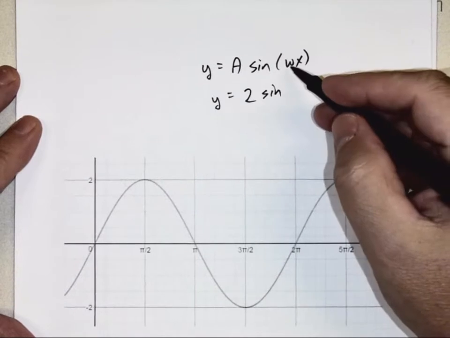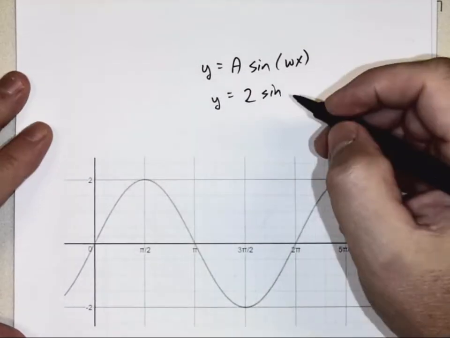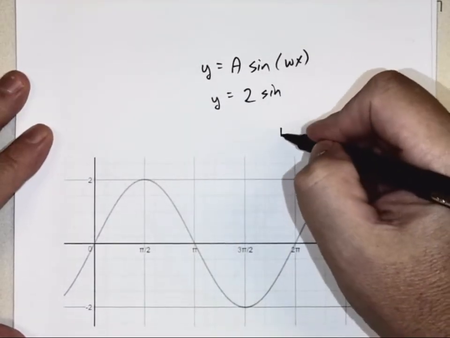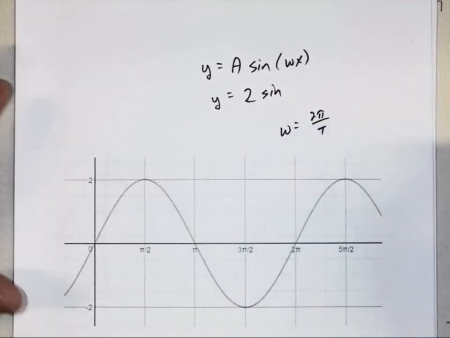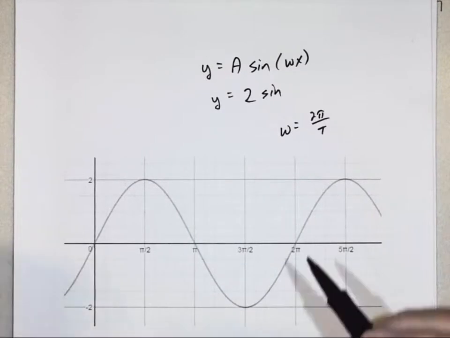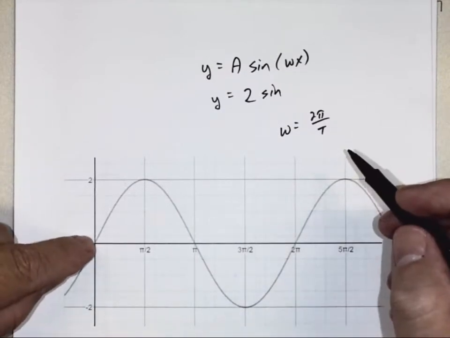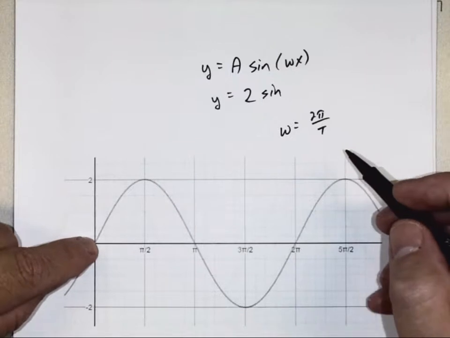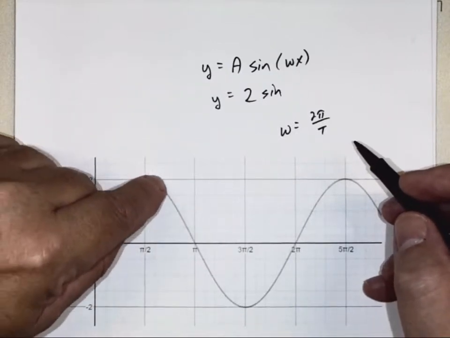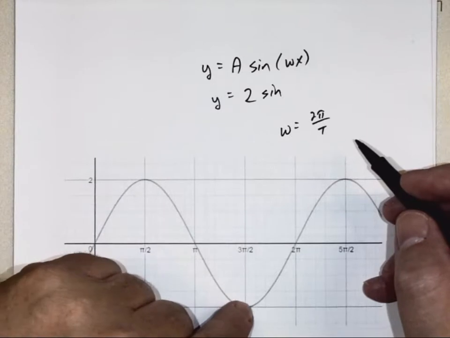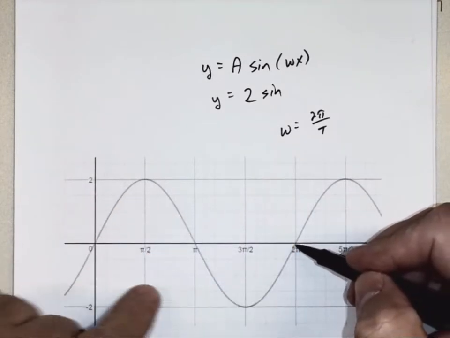Now it usually takes a little bit of work to figure out the omega. If I know the period T, then I can find my omega. So let's figure out the period. Here, I'm at the midway point heading up. I'm at 0, so I go up, down, and I come back up again and pass through 0.